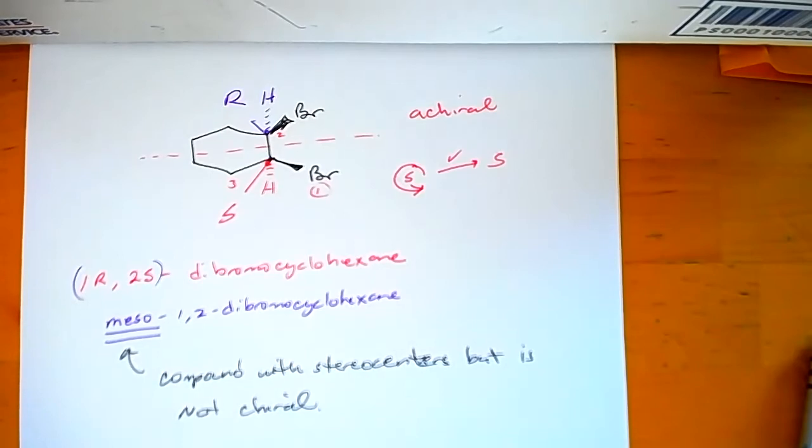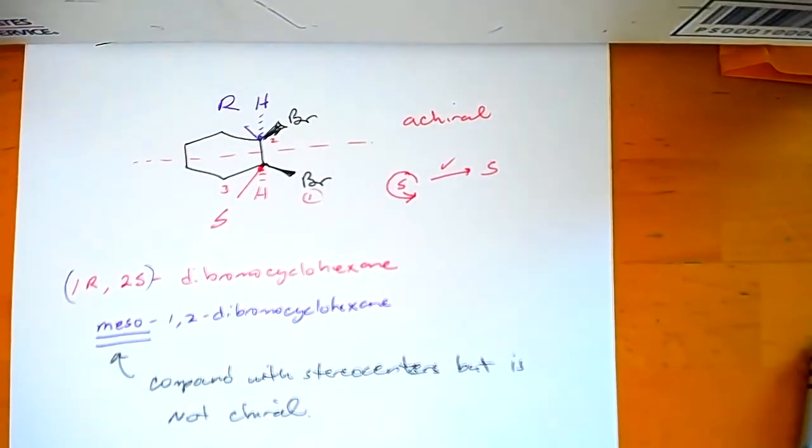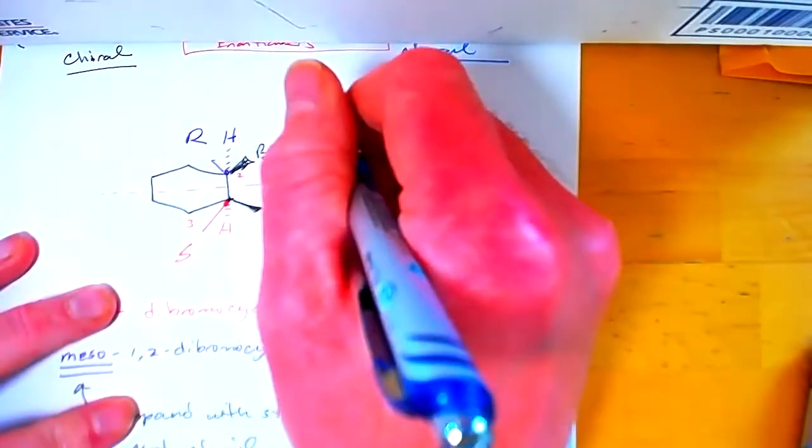So this third possibility here is interesting, okay, because that's a molecule that, if you try to draw its mirror image, it's going to be the same molecule, okay? So it would end up being the exact same thing.